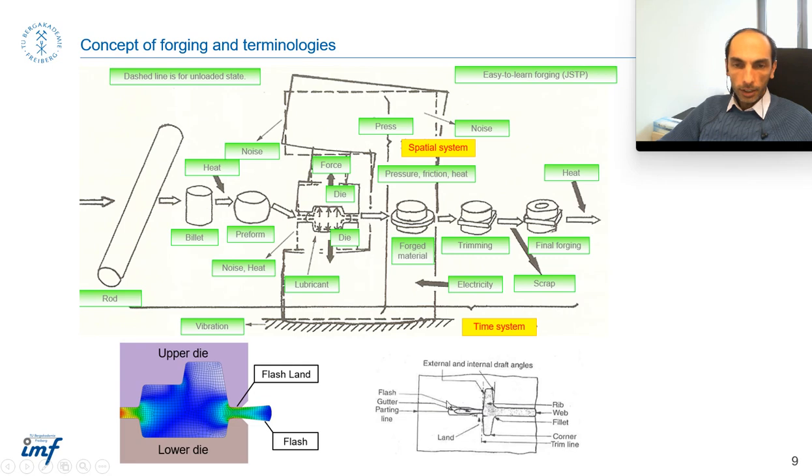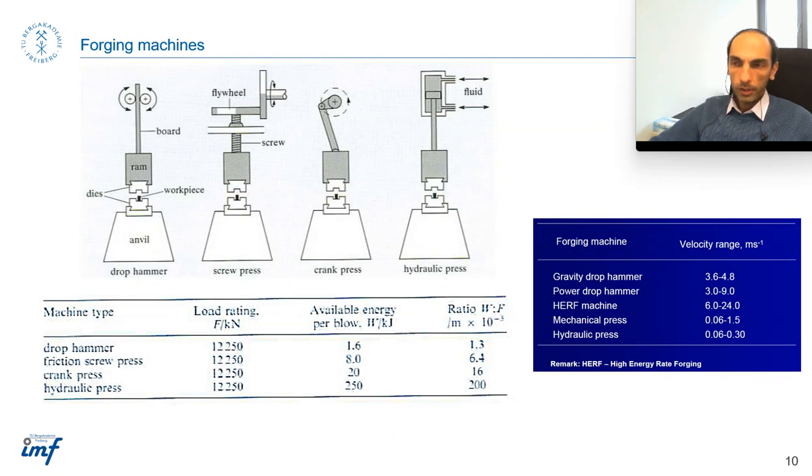And then on the flash we have the flash gutter here, and the land here, and also the die should have a parting line, because the die should be open, and the operator should be able to take out the part. Okay, and on the terminology, I think I have covered almost all the points. We can proceed to the next slide.